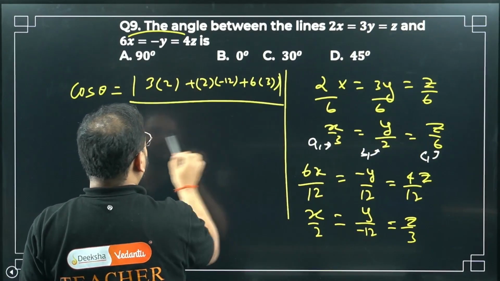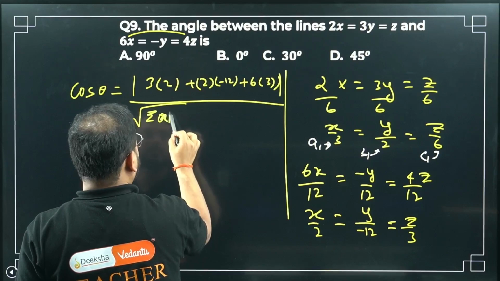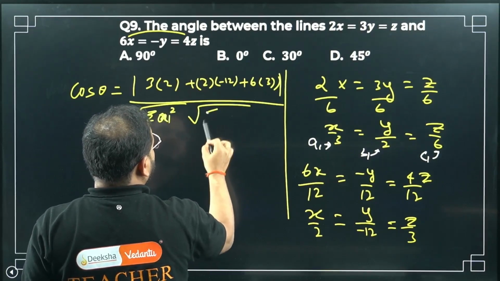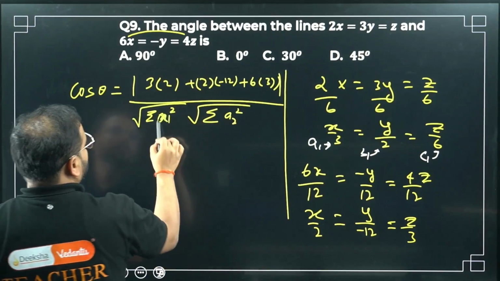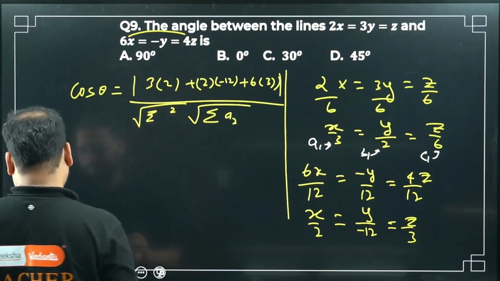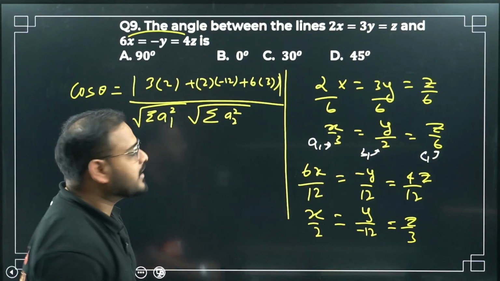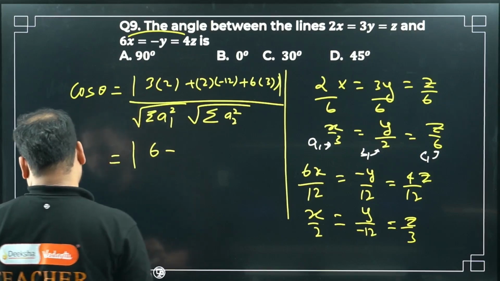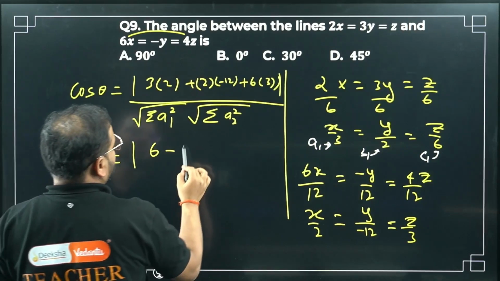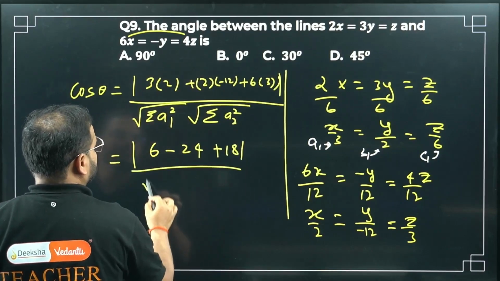This we know, sigma a1 square and sigma a2 square. No doubt whatsoever over here. a1 square, a2 square, this is the formula, right? So 6 minus 24 plus 18 divided by this whole thing.